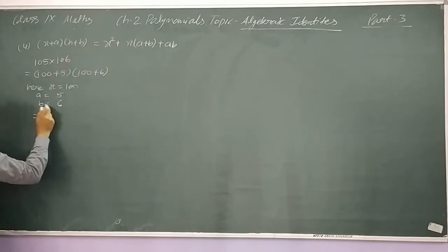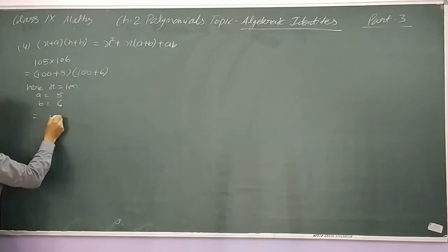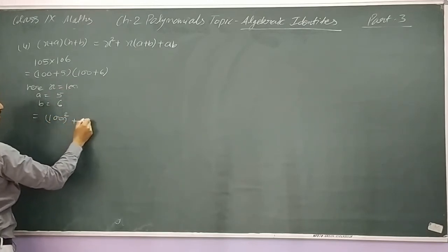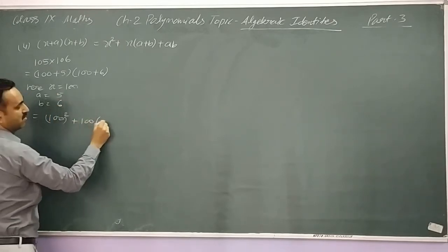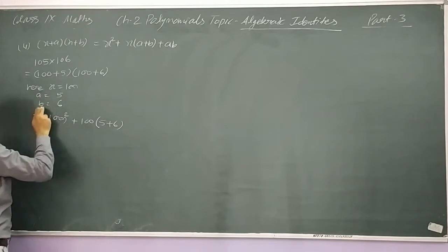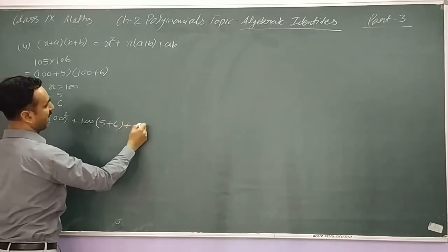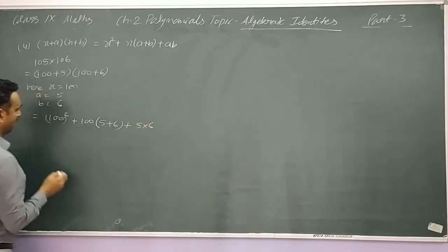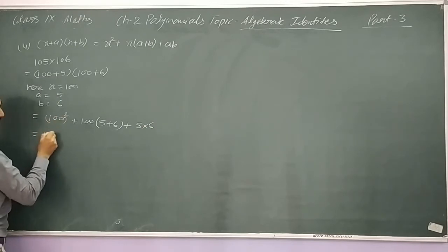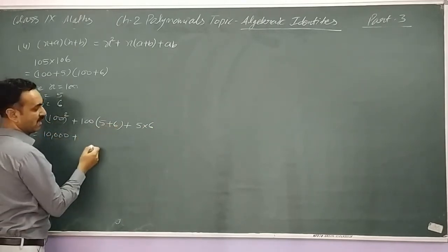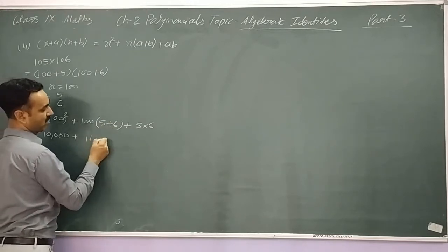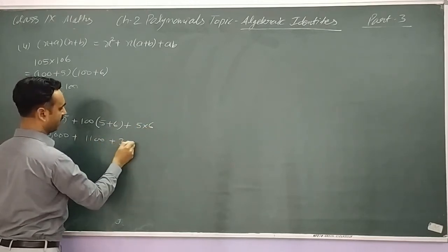So this will be x². x² means 100², plus x, x is 100, bracket a plus b, 5 plus 6, plus a into b, 5 into 6. 100² is 10,000, 100 into (5 plus 6) which is 11 is 1,100, plus 5 into 6 is 30.